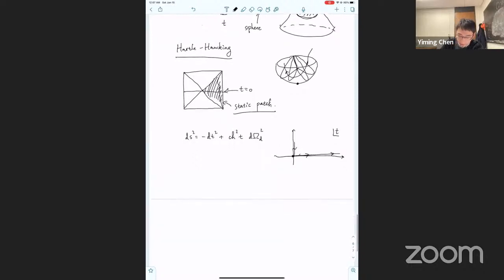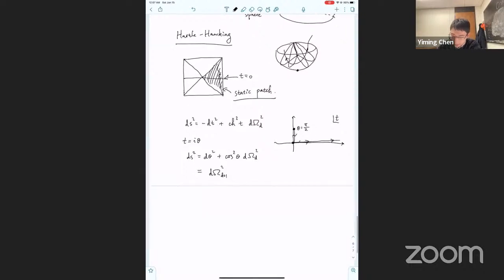So I can write t equals, for example, i theta, and then ds squared will be d theta squared plus cosine squared theta d omega_d squared. If you look at this carefully enough, this will be the metric of the (d+1)-dimensional sphere, and it ends at theta equals pi over 2.